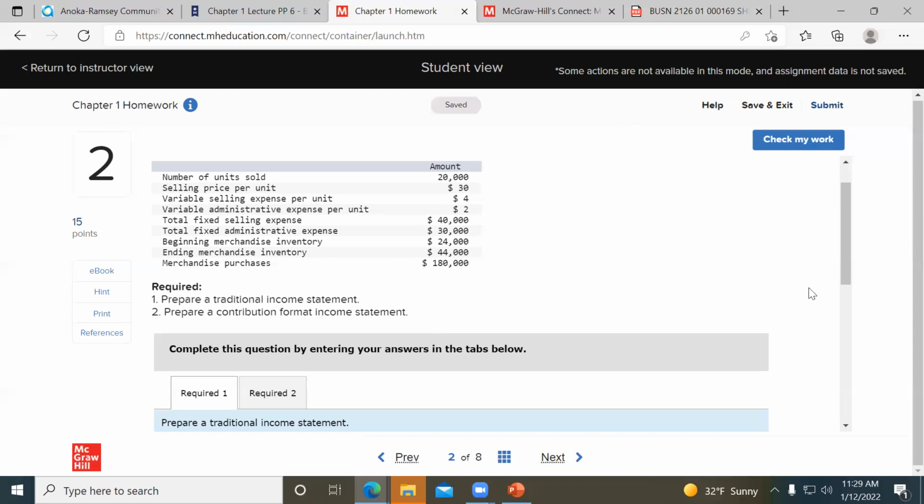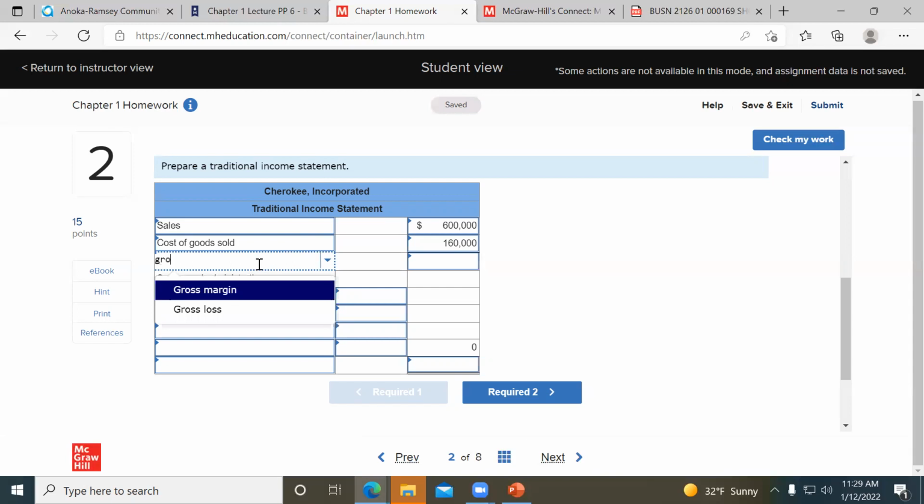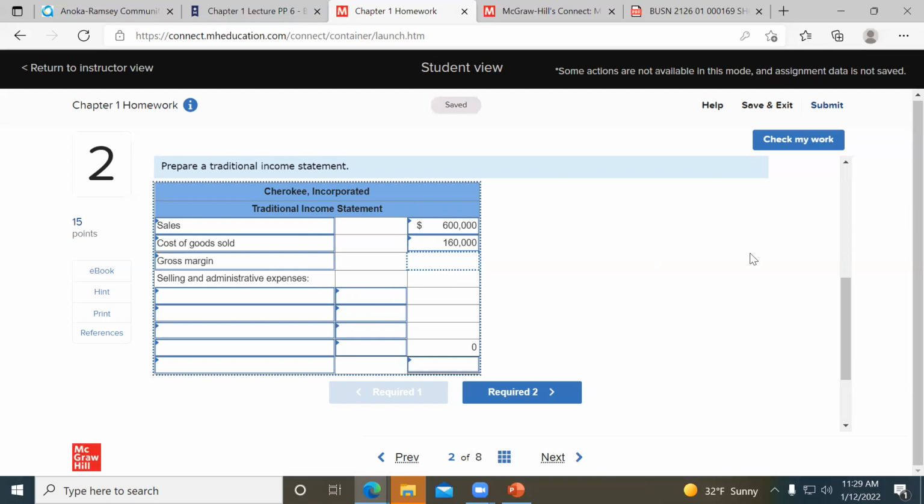Okay, so for the traditional format, we're going to show our revenues or sales of 600,000. Cost of goods sold is going to be 160. Our gross margin is 440.